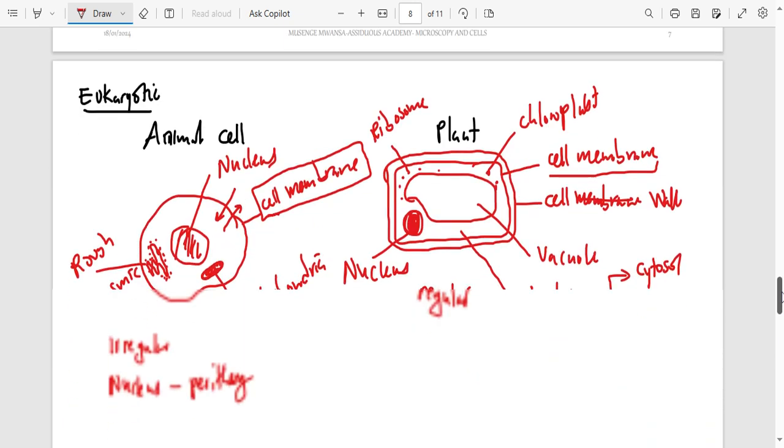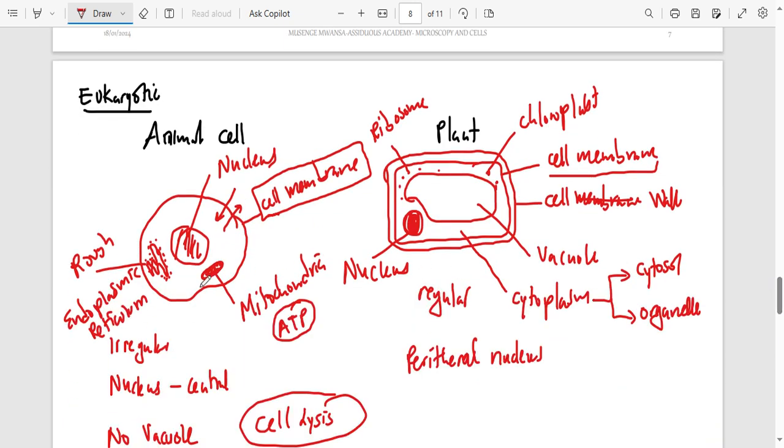What haven't I described the function for? The vacuole contains a fluid which is known as the sap. Okay. It contains a fluid. The membrane that surrounds the vacuole, this membrane that you can see, is known as a tonoplast.